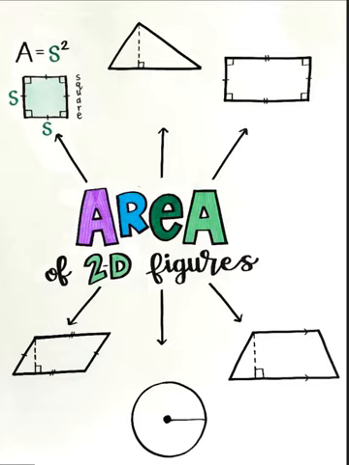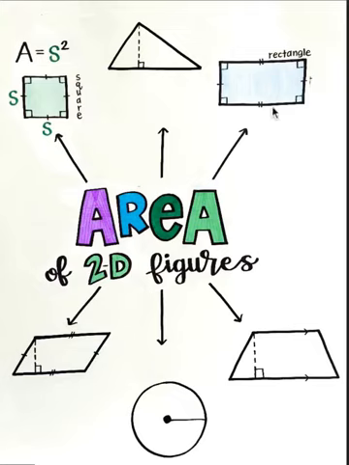Next, let's take a look over here now at the rectangle. With our rectangle, we can think of this as the length times the width. We can think of it as a base times the height. To differentiate a little bit, let's go ahead and talk about length and width instead, because you do hear these terms all the time. So here, area, similar to the square, we just multiply one side times the other adjacent side.